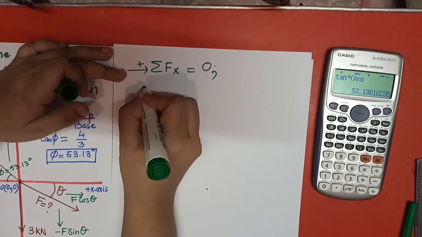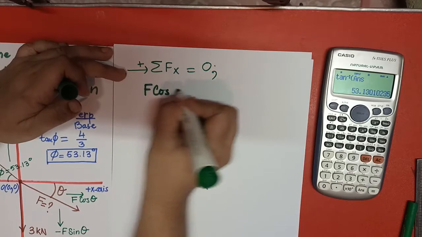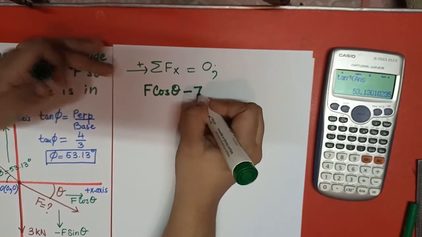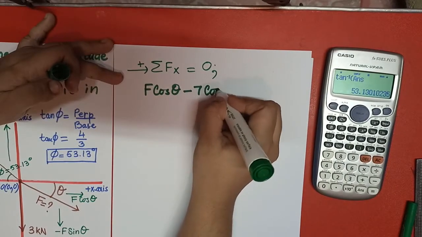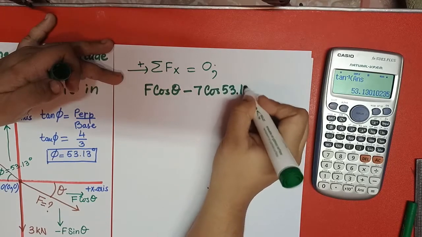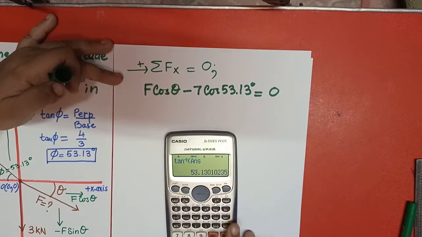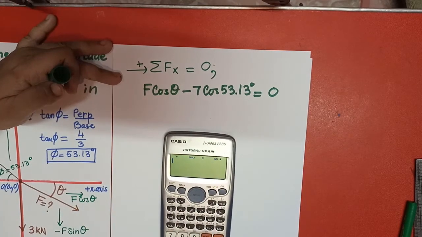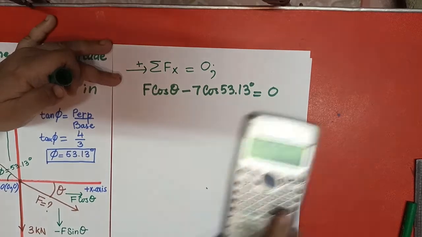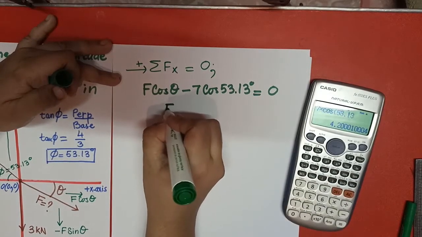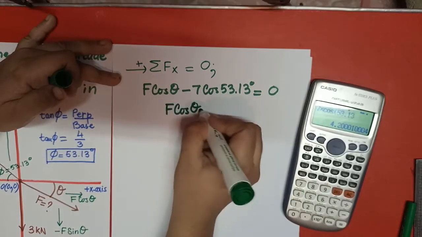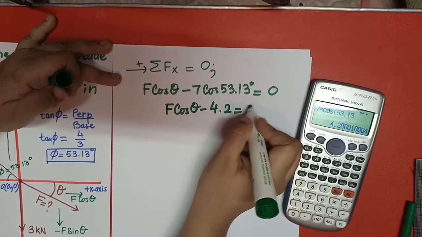So I write F cos theta minus 7 cos 53.13 degrees equals 0, because the summation of all horizontal components should be equal to 0. Multiplying 7 by cos 53.13 degrees, the answer will be 4.2. So can I write F cos theta minus 4.2 equal to 0?